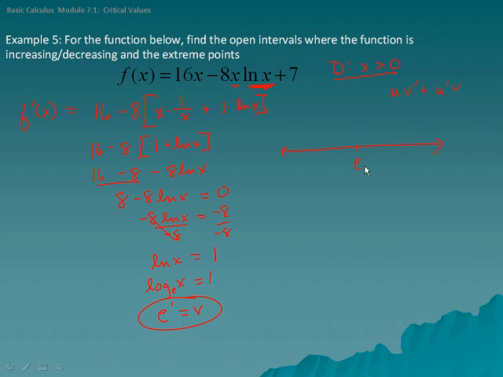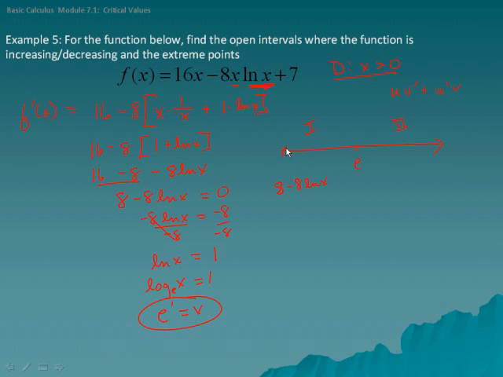So we need to check and see what the derivative looks like on the left-hand side and the right-hand side of e, because we only have two regions, region 1 here and region 2 there. Since our derivative is 8 minus 8 times the natural log of x, let's plug a number in, and we've got to be careful. We can't put anything less than 0.